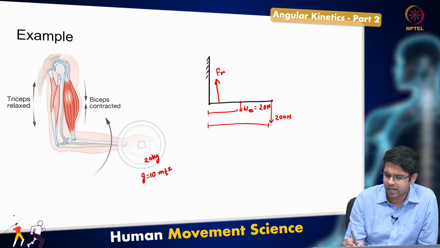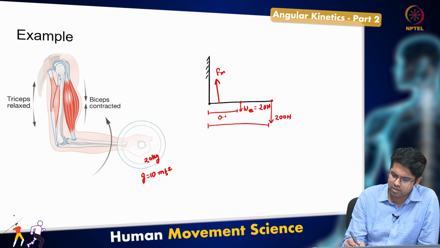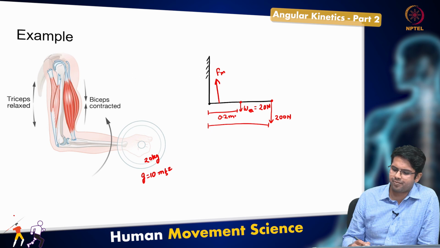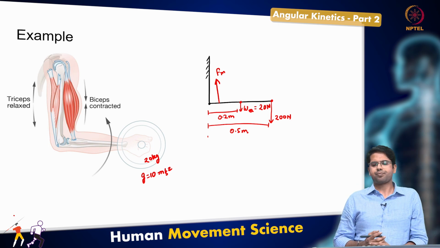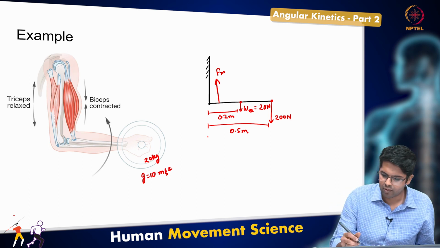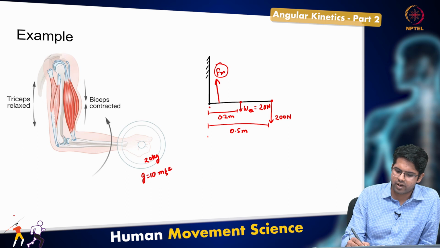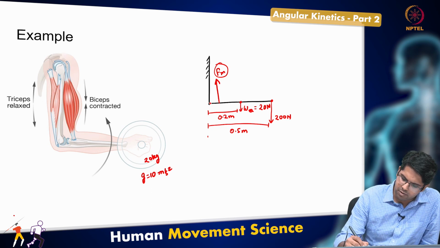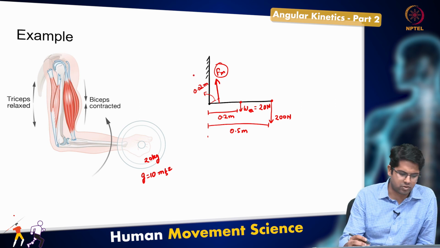Assuming this is at a fixed distance, let's say this is 0.2 meters. Let's assume this is 0.5 meters. So what is the force Fm acting here? Let's say this perpendicular distance to this muscle at this instance is 0.02 meters.